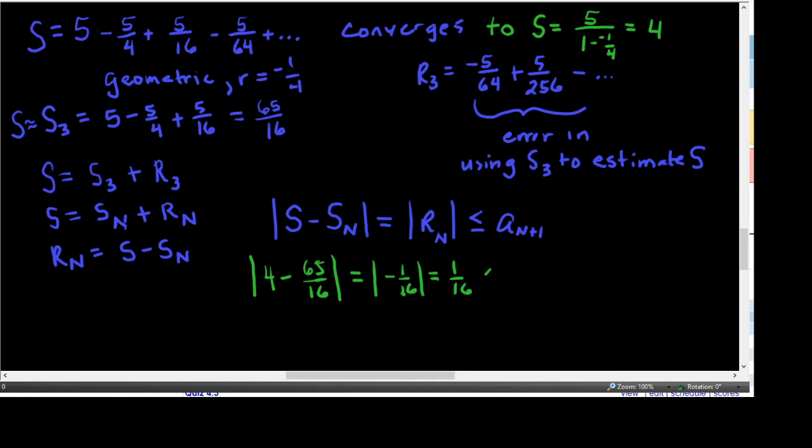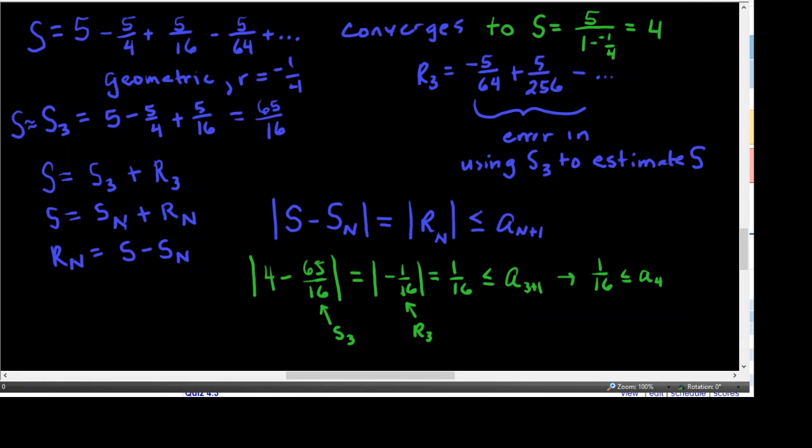And I claim that that's less than or equal to the first term I neglected to use. So that's going to be a sub, since this was s sub 3, and this is r sub 3 as a consequence. Then a sub n plus 1 is a sub 3 plus 1, or a sub 4. So that means that 1/16 should be less than or equal to a sub 4. Okay? And is that true?